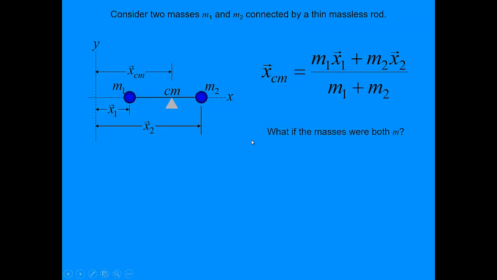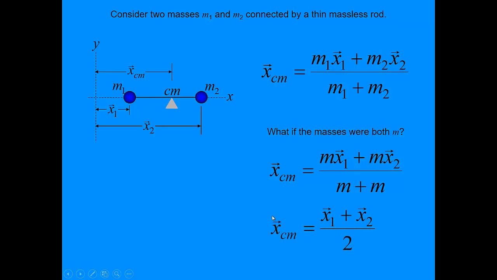If the masses are both the same size, so that again we could say M for each one of them, notice I got rid of the subscripts. Well, I could factor out an M. Remember, M plus M is 2M. So if I factored out an M and canceled, I'd get this.